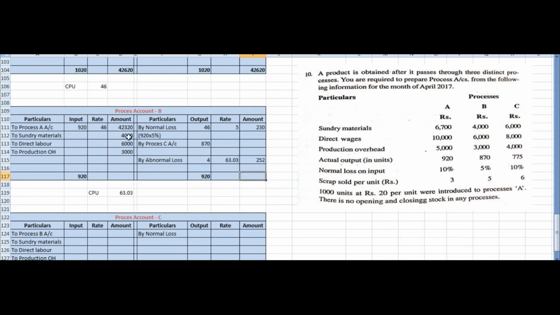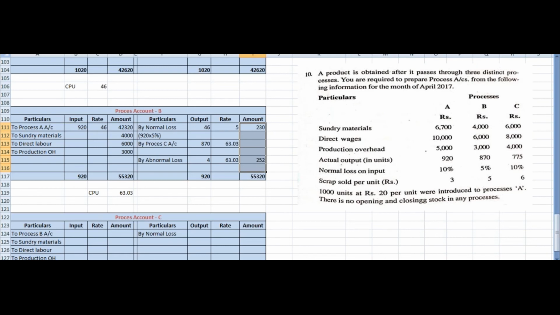Now, if the fractions are like this, you need to do like this. Just observe how I adjust the fractions. Take the total first, so keep the same figure here, 55,320. Keep the same 63.03, but don't multiply these two, because if you multiply, whatever value comes will not be the same.